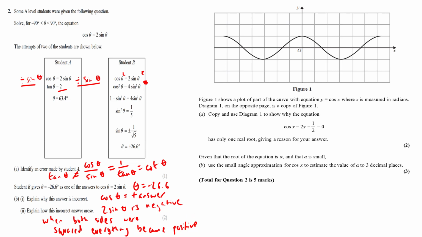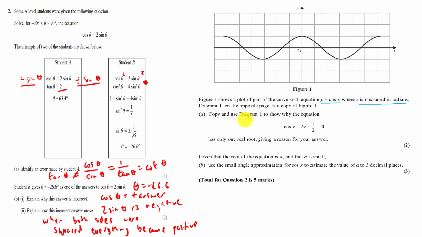Now let's look at the question. Figure 1 shows a plot of the curve with equation y equals cos x, where x is measured in radians. And on the opposite page is a copy of figure 1.